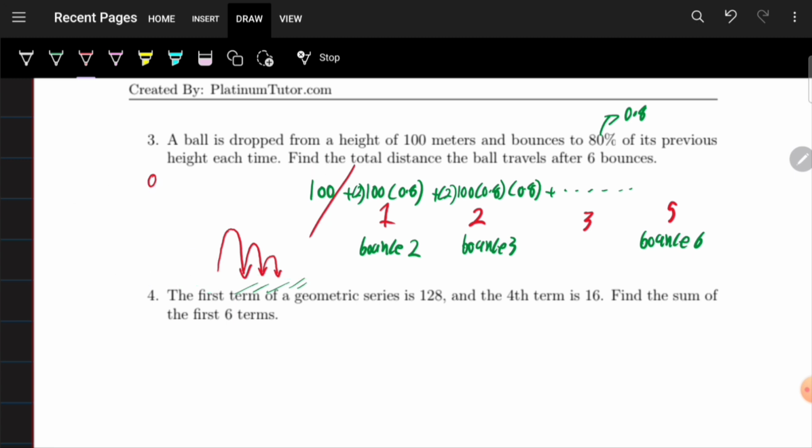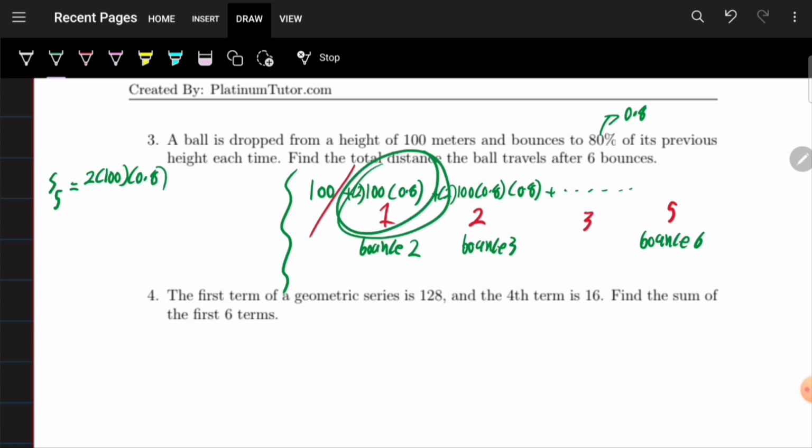So let me erase this, and we'll do the math here. The sum of the first 5 terms is equal to the first term, which is 2 times 100 times 0.8, right? That's the first term here, times 1 minus the common ratio, which is 0.8 to the power of 5, because we want 5 terms, all over 1 minus 0.8.